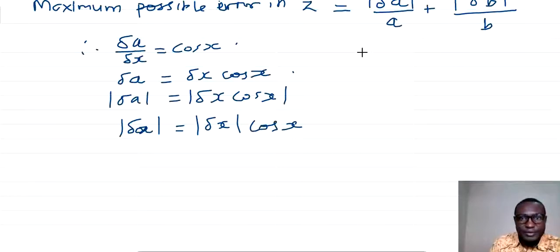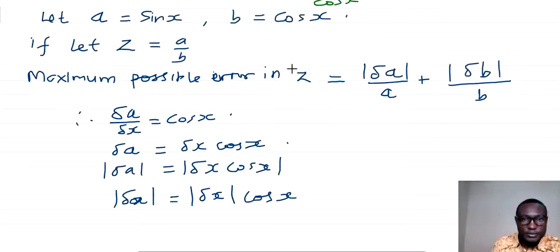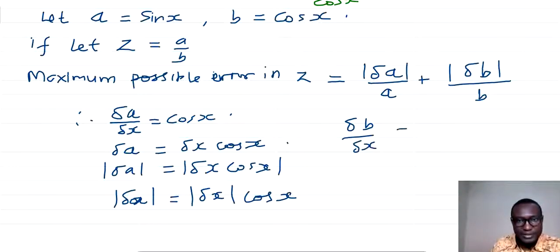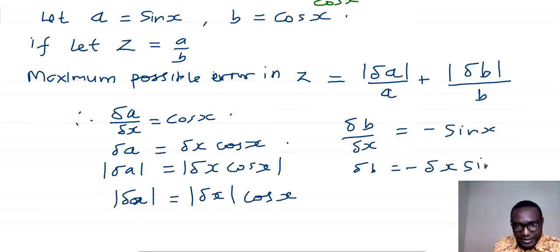We go ahead and also get delta b. So we differentiate with respect to x, and we shall have delta b with respect to x. This here is going to be negative sin x, right? And this means delta b is equal to negative delta x sin x when you multiply.